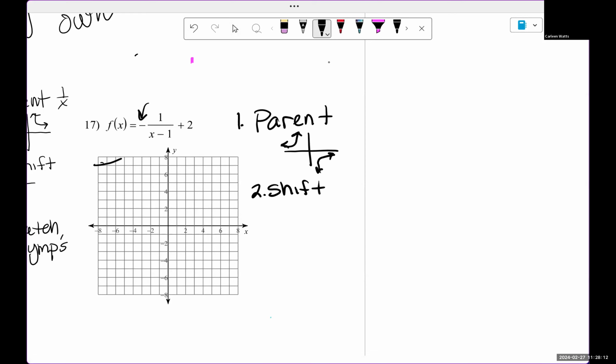Okay, so +1, which means it's going to the right. +2, which means it's going up. Draw the asymptotes. 1 to the right and 2 up.